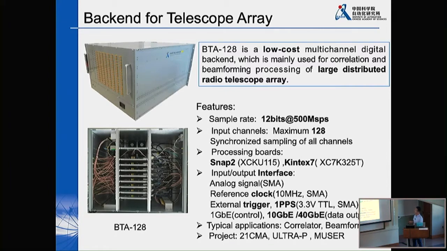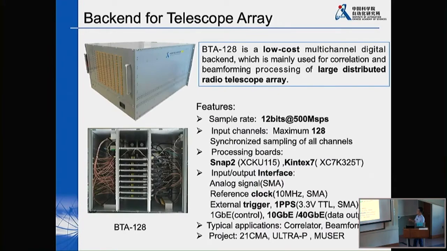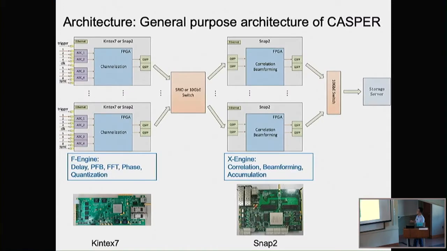Its main features: sample rate 12 bits at 5 GSPS, and maximum input of 128, and it has various input and output interfaces. Obviously, the backend follows the general purpose architecture of CASPER.